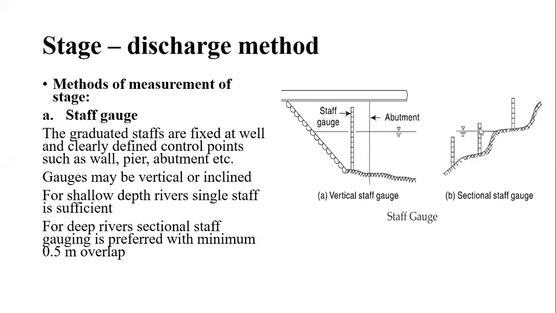Okay, if here is 8, then the same will be there 8 on this, and then 9, 10, 11, 12, 13 likewise. So likewise the sectional staff gauging is used, means at a same section but at different locations we have to erect the metric staffs, and we have to record the reading, that is the water depth, we can say.